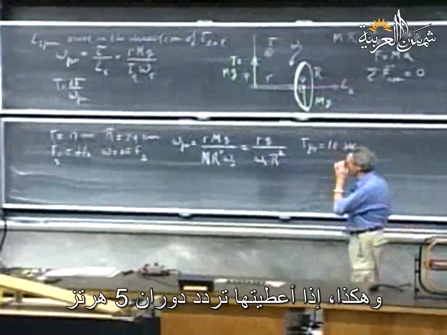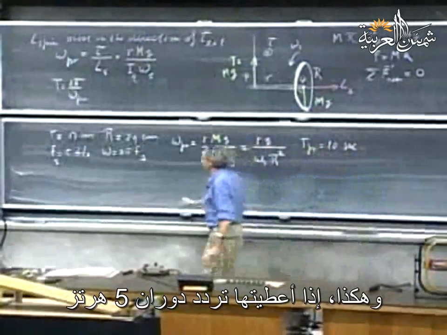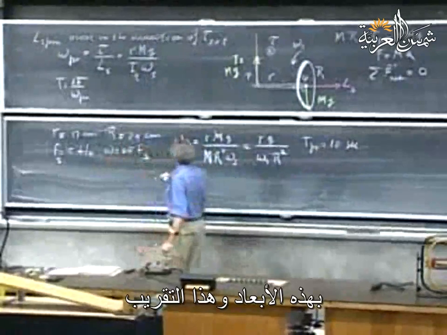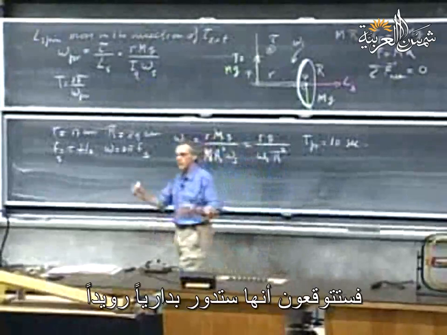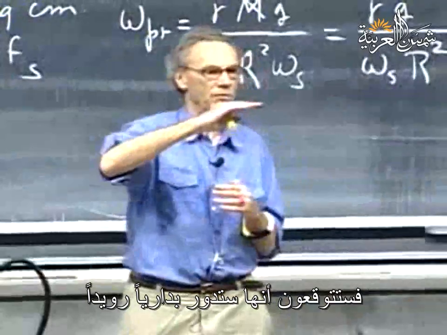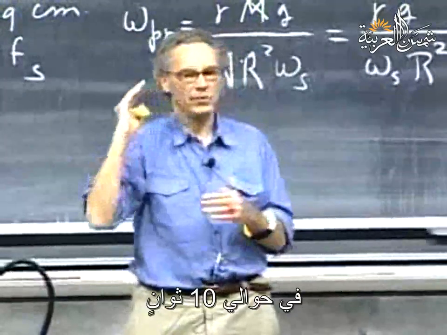So if I gave it a spin frequency of 5 hertz, with these dimensions and with this approximation that all the mass is at the circumference, you would expect it to precess very gently in about 10 seconds.